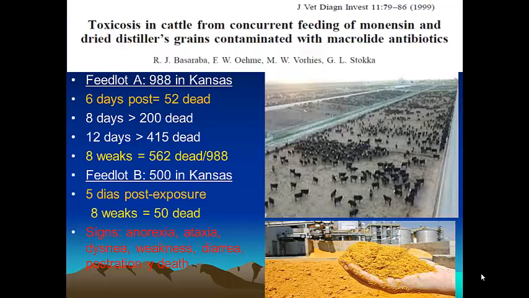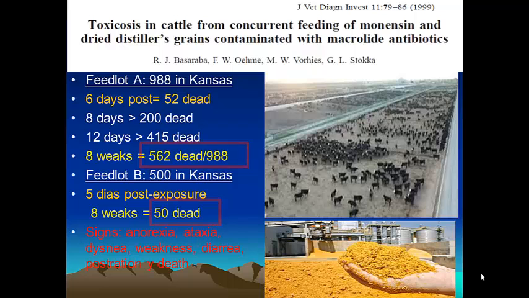This was published in the Journal of Veterinary Diagnostic Investigation in 1999 by the group of Dr. Ohimi. It took place in 2 feedlots in the state of Kansas. One feedlot ended up losing 562 animals out of 988, and the other lost 50 out of 500 animals.